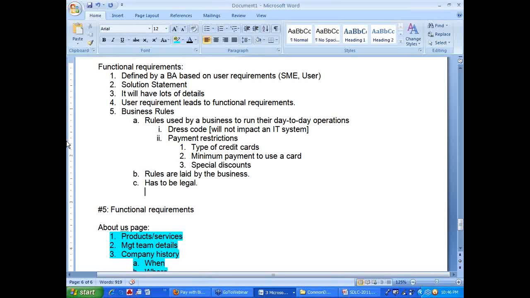That's violating local, state, and federal laws. So these are some of the concepts around functional requirements. The important takeaway is that business rules are also functional requirements, just a special type of functional requirements. Understand the fact that user requirements lead to functional requirements.